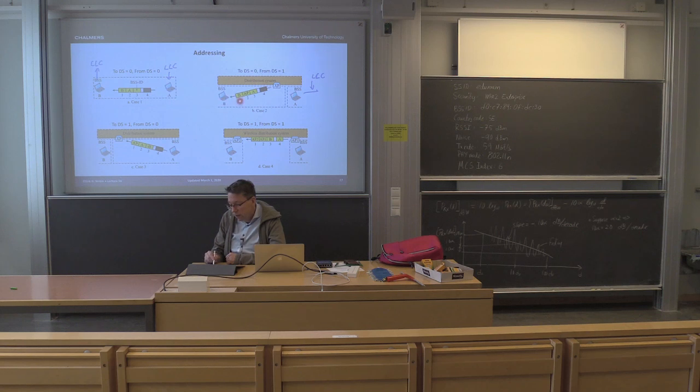So then the destination should be B, that's the receiving device. The transmitting device is the access point, but that frame did not come from the access point originally. It came from the LLC layer in station A, so A needs to be in here.